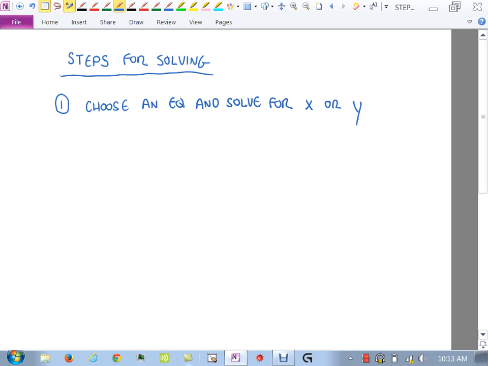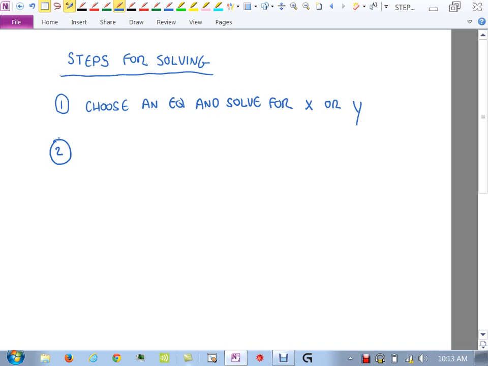Your choice, right? You got a lot of freedom here, don't you? You can choose the equation, you can choose the variable, but try and choose the easiest. And that's where things can get a little bit hairy, because on a test, someone might do it one way, another student might do it another way. Everyone should get the same answer no matter what, but the algebra can be a lot harder if you choose the wrong one.